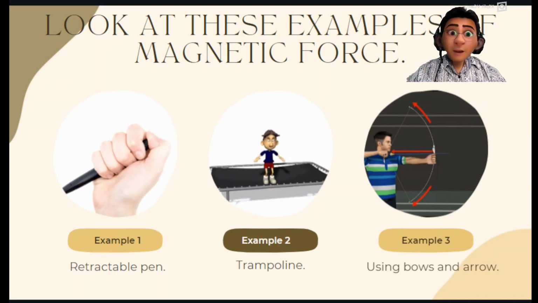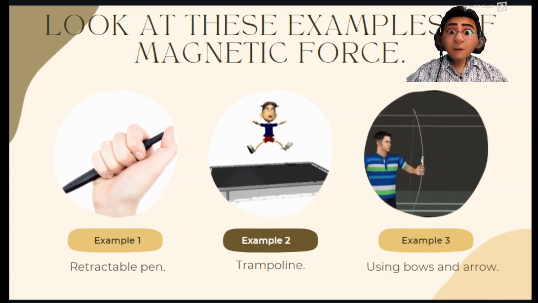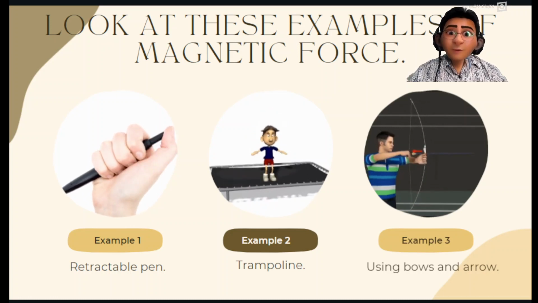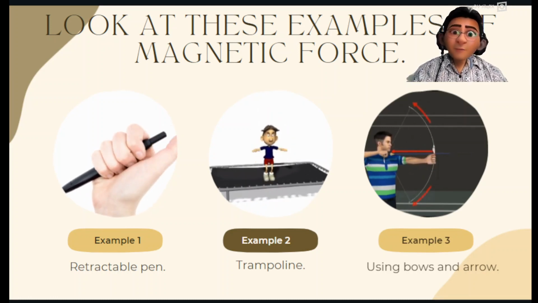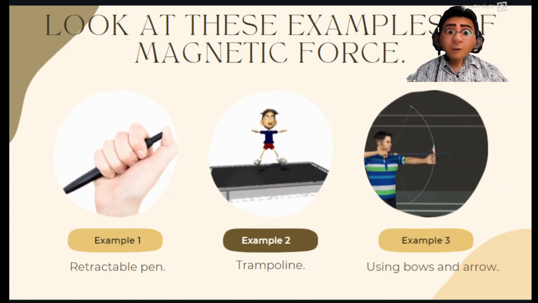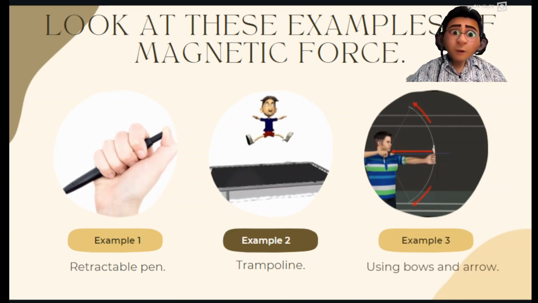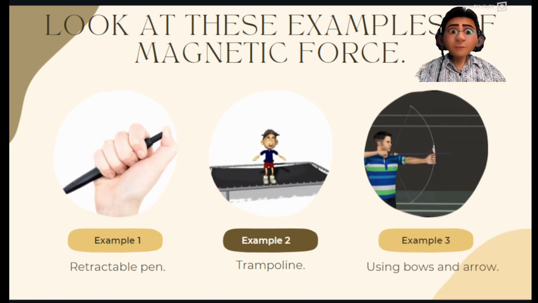My neighbor has a trampoline, and his children are jumping around on it. The third example is bows and arrows. Now the question is, which part of the bow is elastic?